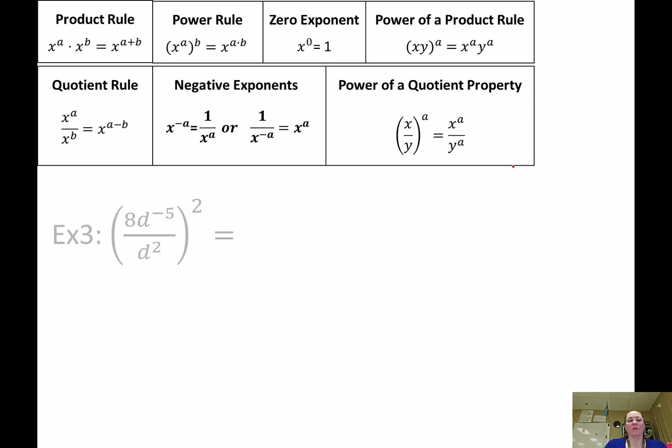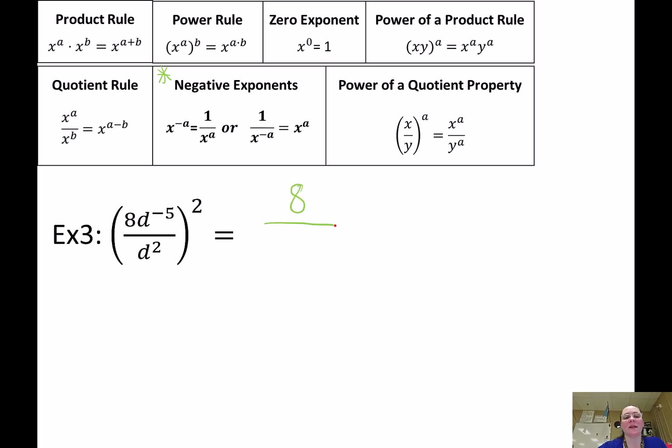All right, example 3. So this one's going to get a little more complicated. We do have a couple things we can simplify in the parentheses, so I'm going to start there. Nothing I can work with coefficients is going to change, but I do have d to the negative 5th over d to the 2nd, and since that's a negative 5, I'm going to use that negative rule first. We're just going to get rid of that negative.